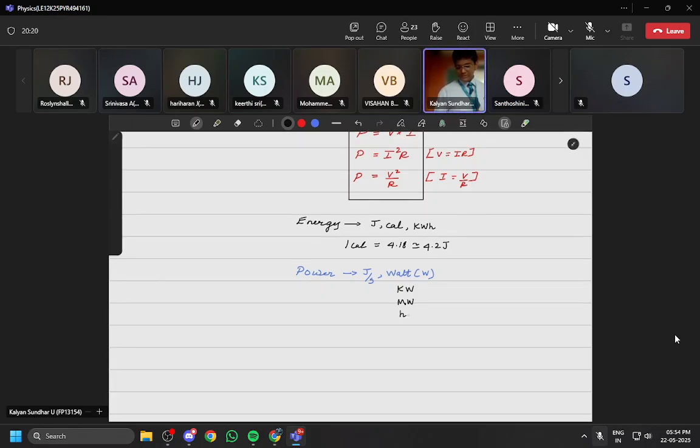And sometimes HP, which is nothing but horsepower, is used to measure the same quantity of power.